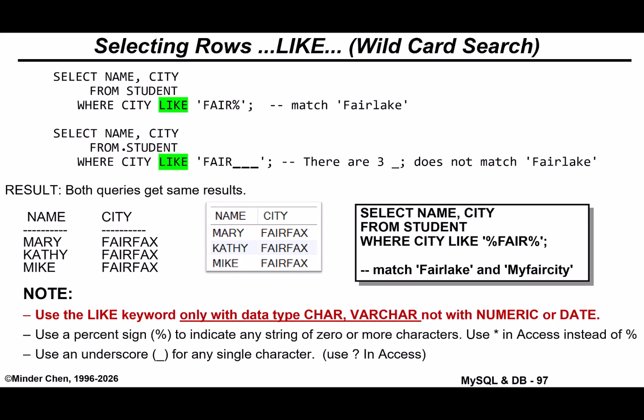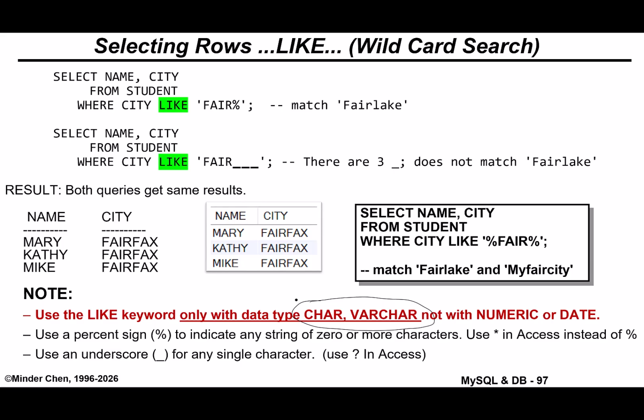Like works with strings. In MySQL, it's called char, or varchar, variable character. And it doesn't work with a numerical column or datetime column. And this, I call it wildcard search.